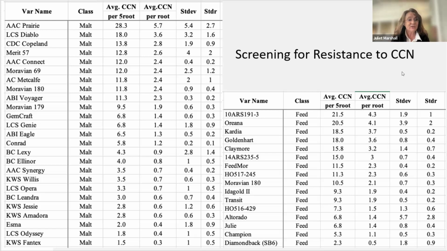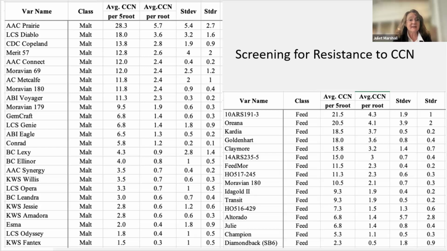But even with that, you can definitely see on the left AAC Prairie, which is a Canadian line more recently being tested in our extension variety trials for yield and adaptability. A Canadian line likely doesn't have the extent of resistance to cereal cyst nematode in our environment.